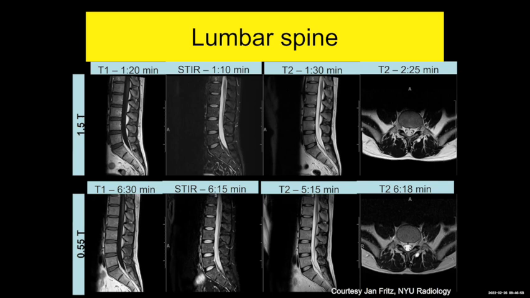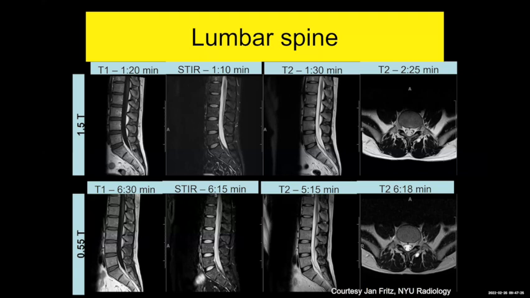And the bottom is an optimized protocol at 0.55 Tesla to maintain the same degree of SNR. What we can see is that if we try to match the SNR to a 1.5 Tesla acquisition, you end up with an acquisition time that's about 4 to 5 times longer.